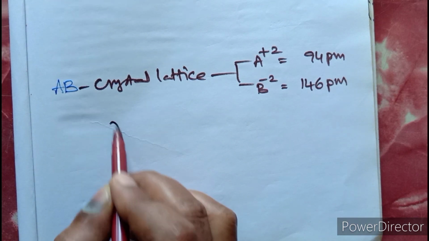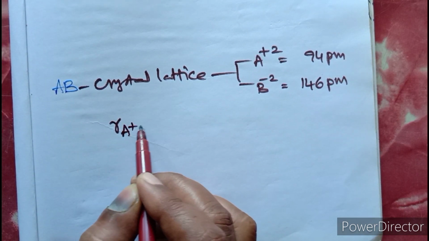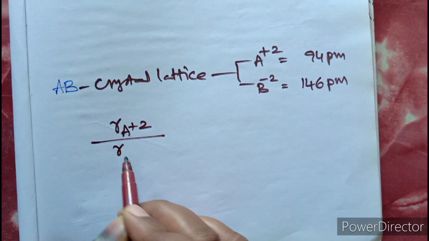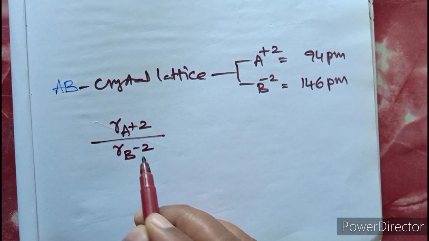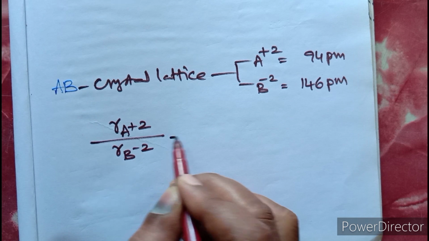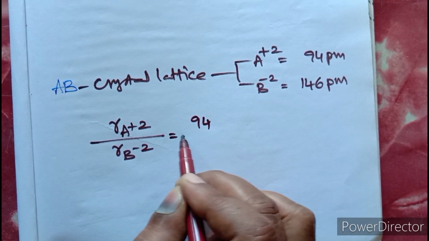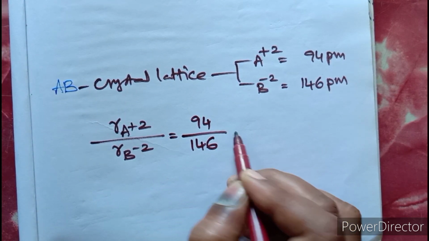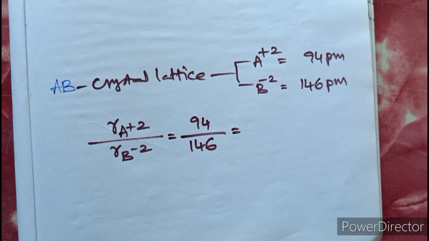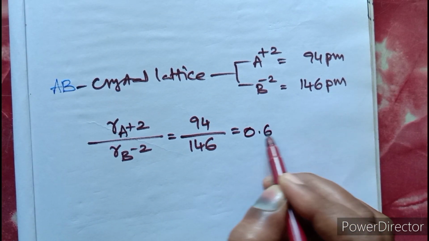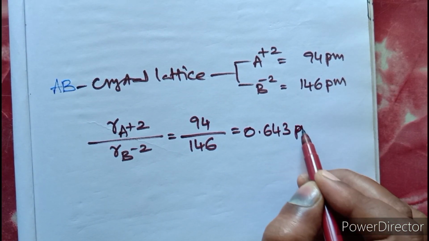the ratio of the radius of the divalent A²⁺ cation to the B²⁻ anion is 94 by 146. It gives 0.643.